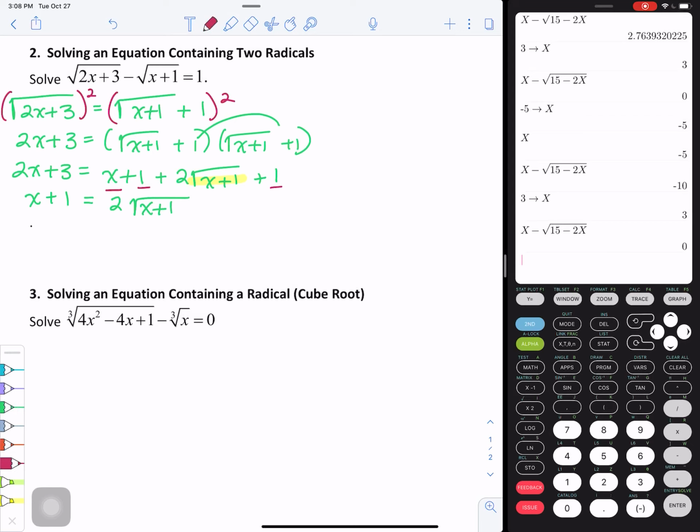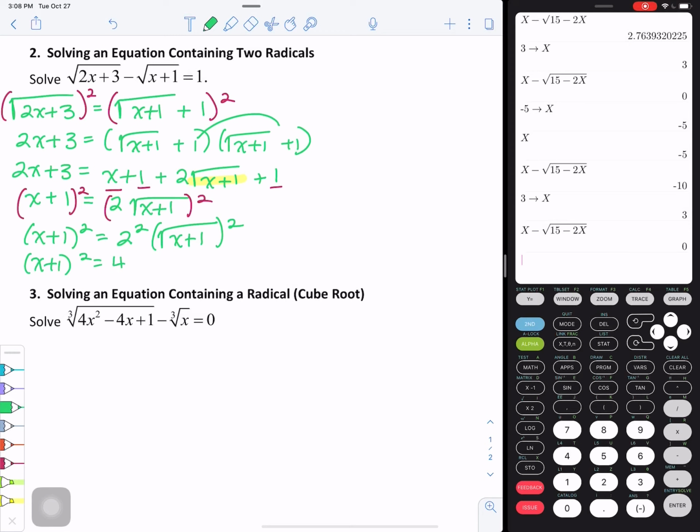Now it's time to square both sides, and we need to be careful here, but now I will have x plus 1 all squared. Now each of these gets squared. 2 squared, and the square root of x plus 1 gets squared. So we end up with x plus 1 squared equals 4 times x plus 1.